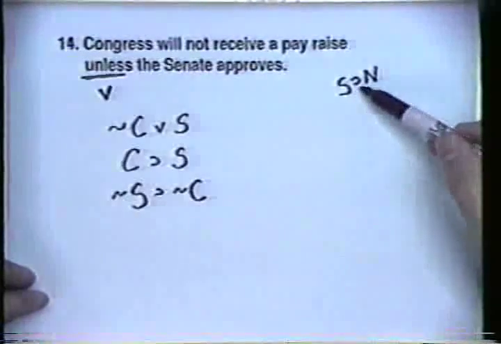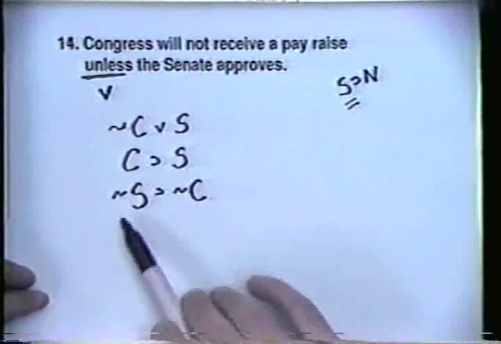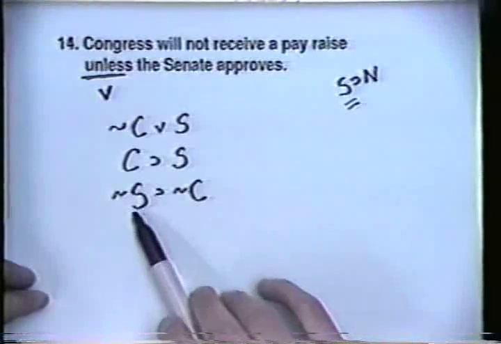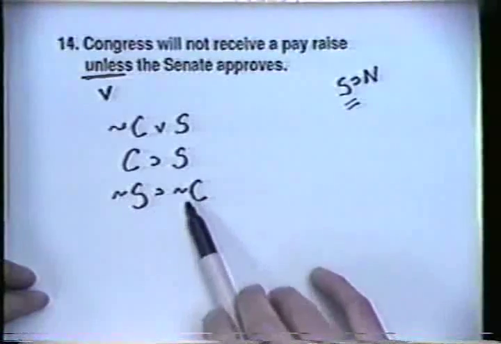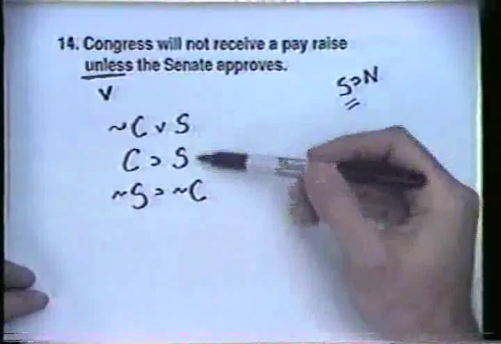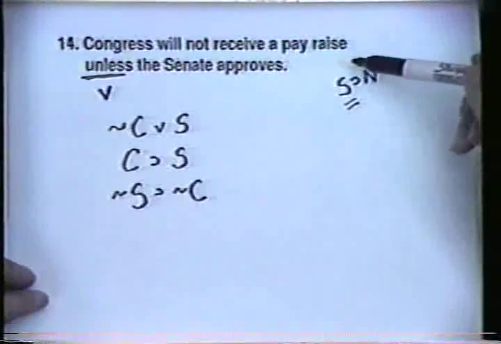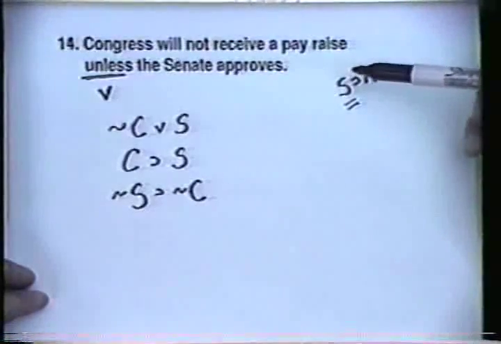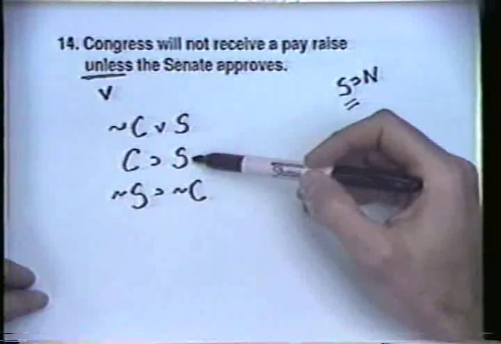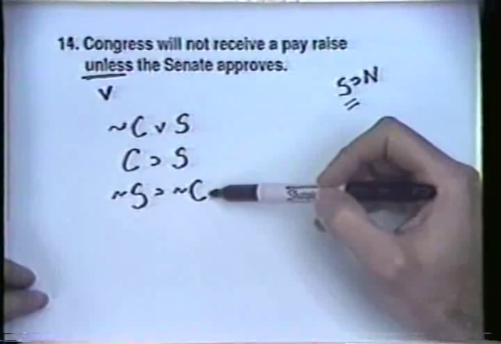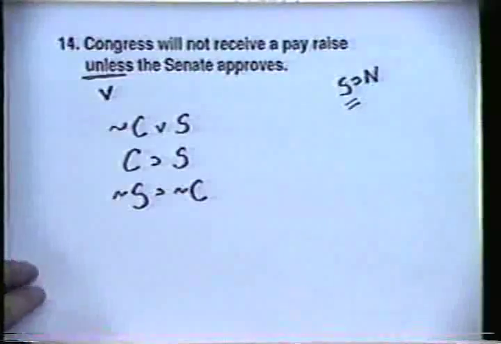Remember again, S hooks N, the sufficient conditions come as the antecedent, and what we were just saying was that the failure of the Senate to approve was a sufficient condition for the Congress's not getting the pay raise. So any of these three symbolizations would be correct for number 14. And a bit later you will in fact learn some rules that allow you to move from a sentence of this form to a sentence of that, and similarly from a sentence of this form to a sentence of the last form. These are all equivalent. They all are good translations of 14.